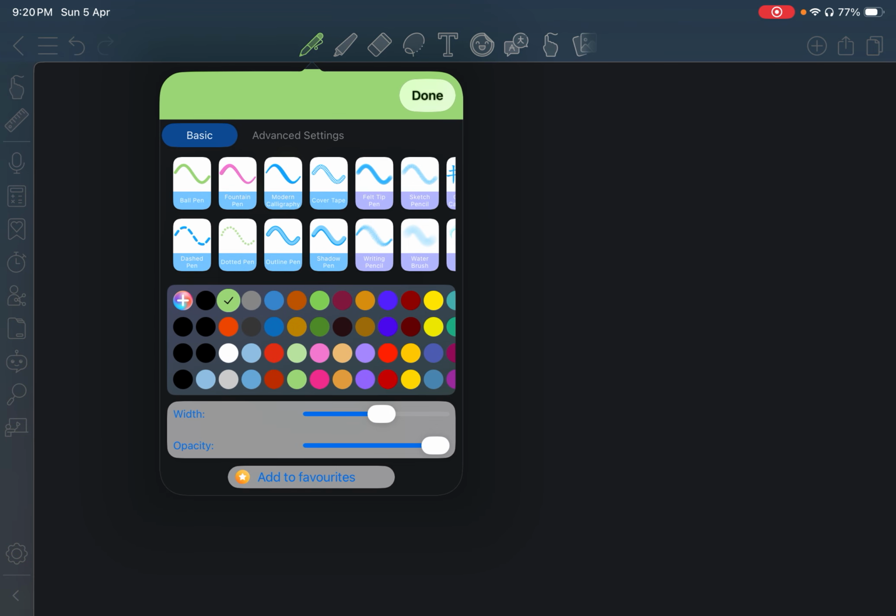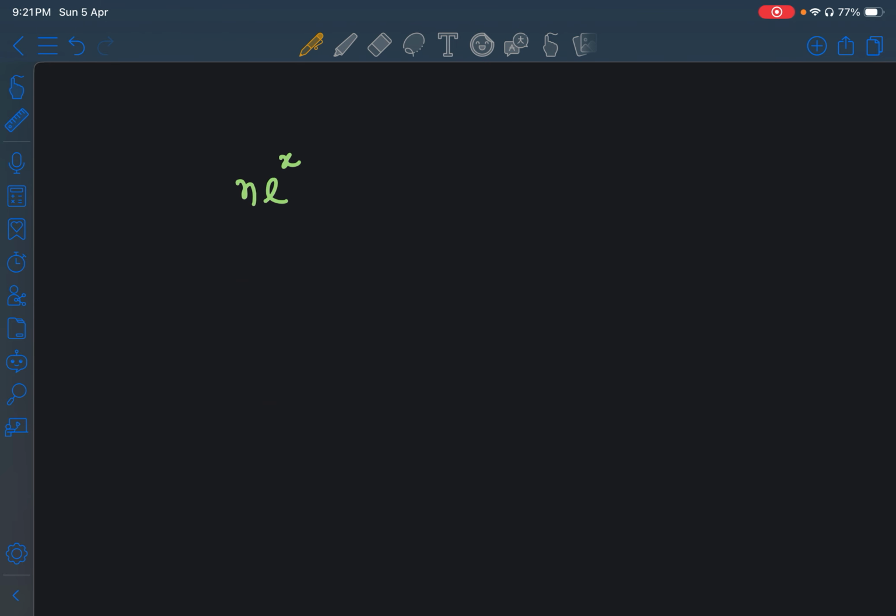What does this n mean to us? So n simply means principal quantum number. In the last class, we have already seen about these quantum numbers: principal quantum number, azimuthal quantum number, magnetic quantum number, and spin quantum number.